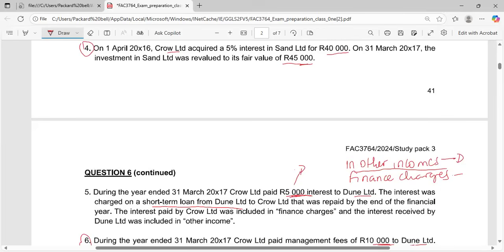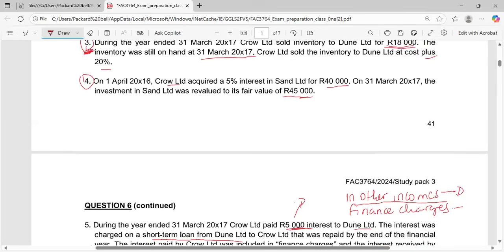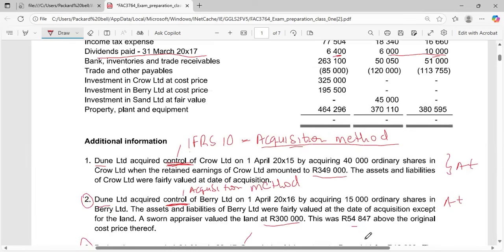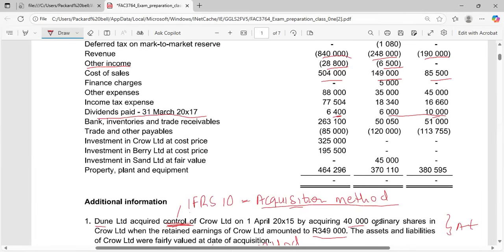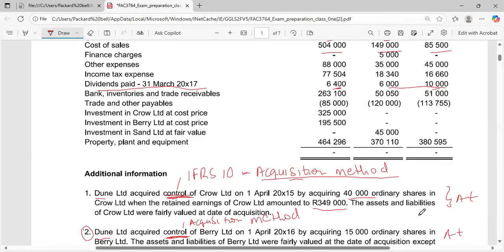So on the first one, they acquired 40,000 ordinary shares. You need to calculate the percentage of interest here.